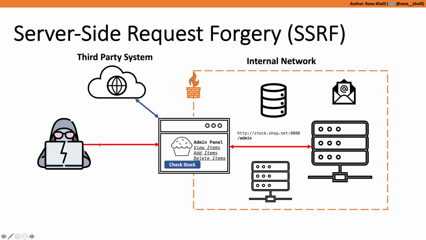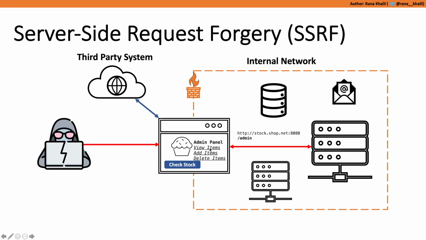Now, as an attacker, you can't simply click on the button add items or delete items, because if you click on them in the application, it will view it as an external request, and the request will be denied by the application because there's a firewall that is protecting this application from any external requests.